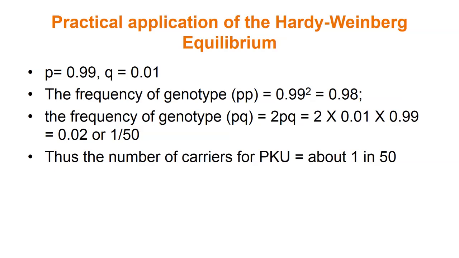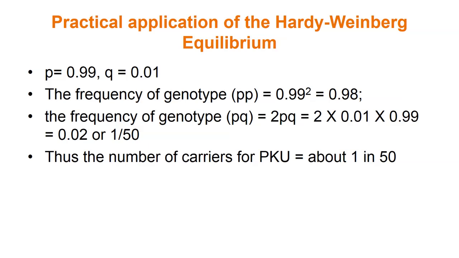The carriers are people who have 1 P and 1 Q. How do you determine that from the Hardy-Weinberg equation? You take 2 times P times Q, and that's what I've done here. When you do that math, you come out with 0.02, which is equivalent to 1 in 50. So the number of carriers for PKU is about 1 in 50.